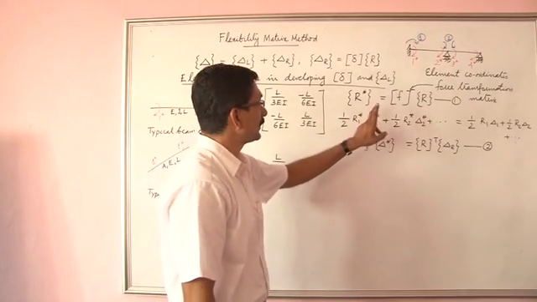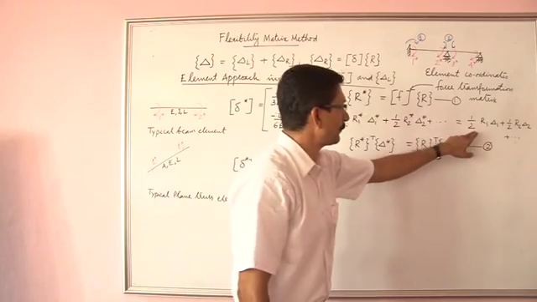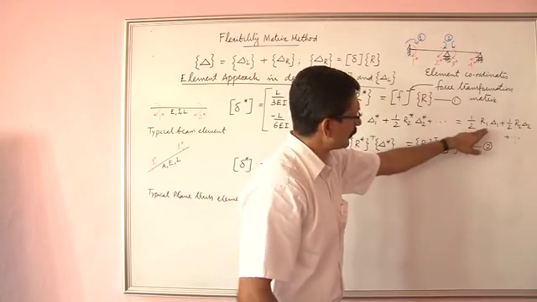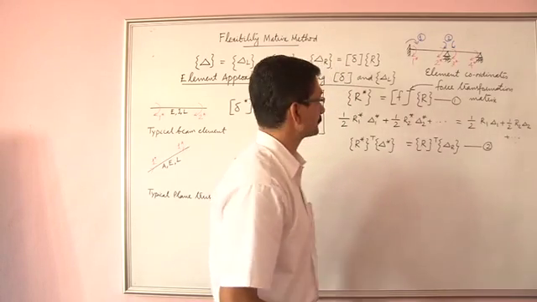So work done by the element forces on the element displacements is equal to work done by the structure forces on the structure displacements. That is what is given by this equation. So we have obtained this relation.